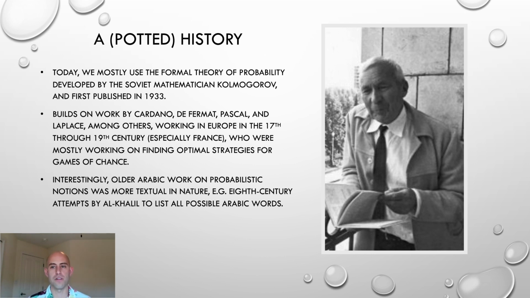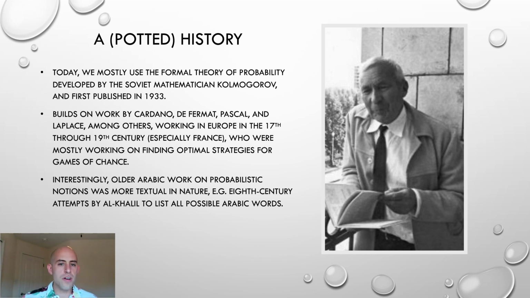Paris, for a long time, was a real epicenter of work on probability theory by people like Cardano, de Fermat, Pascal, Laplace, and others. Most of these people were working on finding optimal strategies for games of chance. And again, it's not surprising that you have the emergence of gambling halls in places like Paris coinciding with some of this development of probability that's ultimately culminating in Kolmogorov's work.